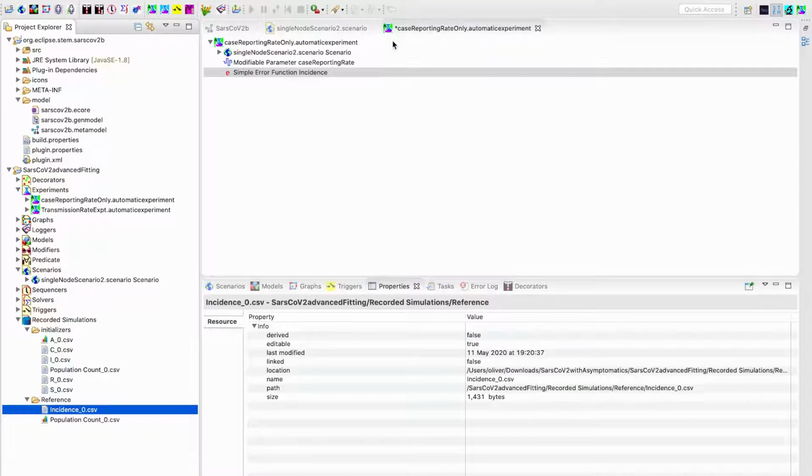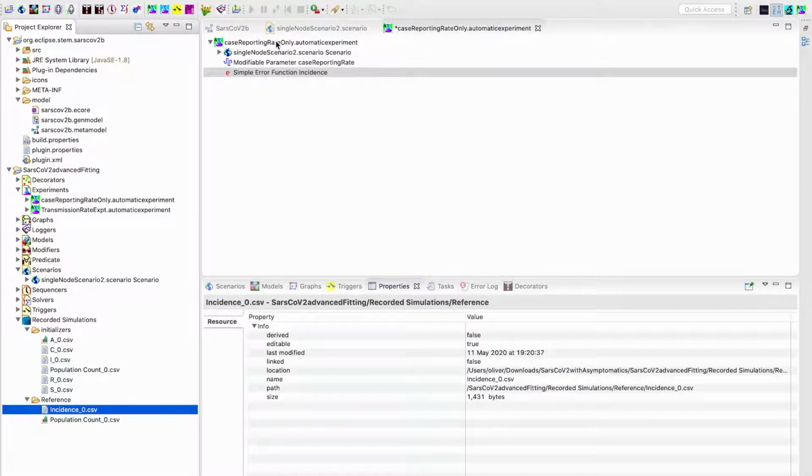The selection of case reporting rate values and exploration of this parameter space will be done with the STEM simplex algorithm, which will look to explore optimal parameter values against the error function that we've defined on the instance compartment.